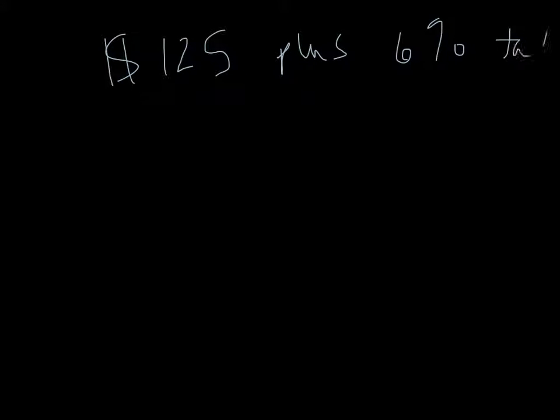So let's say you buy something for $125 plus 6% tax. Basically what you have to do is find 6% of 125 and add that onto your total.